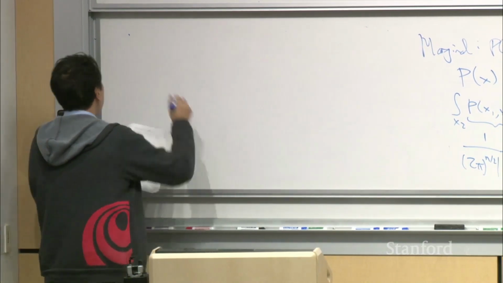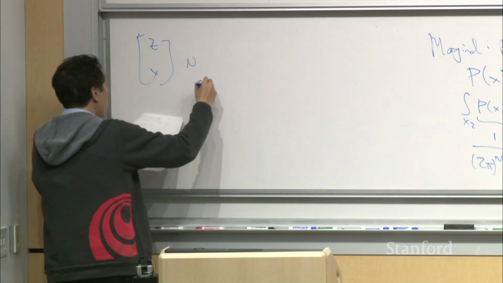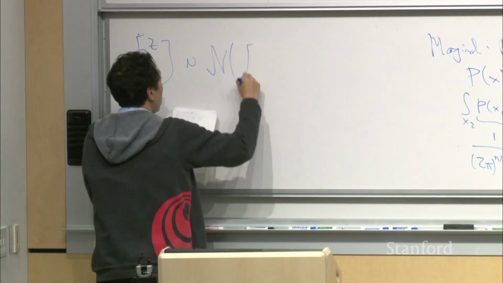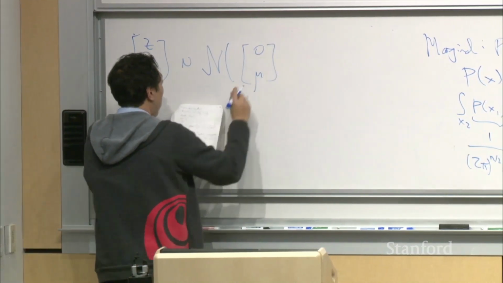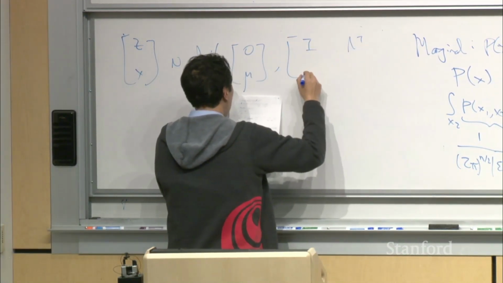So where we are is that we've figured out that the joint density of z and x is Gaussian, with mean given by that vector and covariance given by that matrix.